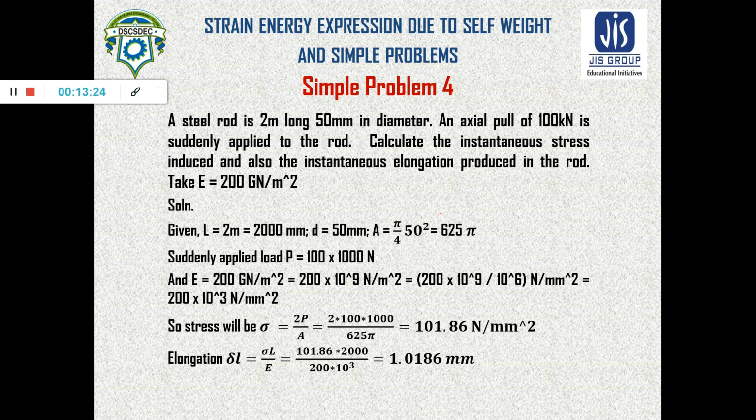Because in case of sudden loading, the stress intensity will be 2P by A. That would give us 101.86 newton per millimeter square, and the elongation will be σL by E, that is 1.0186 mm.